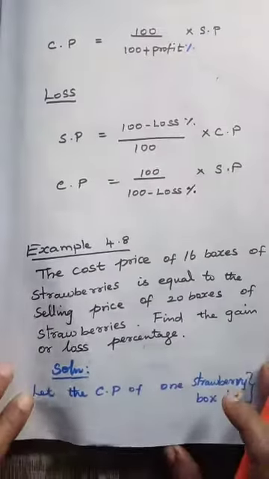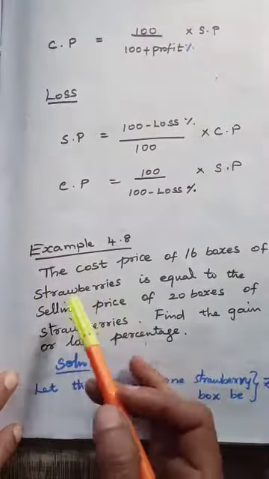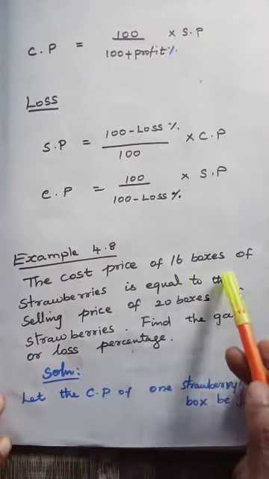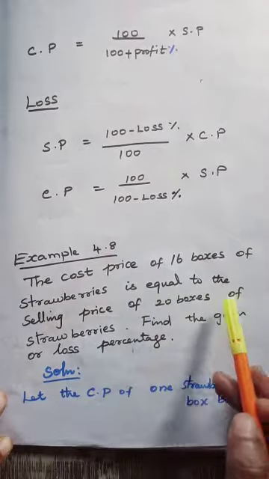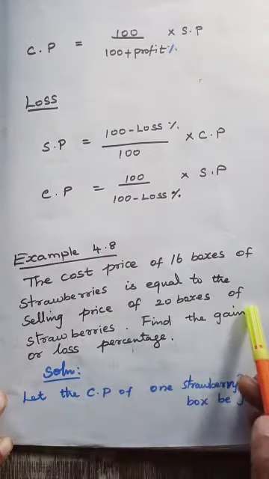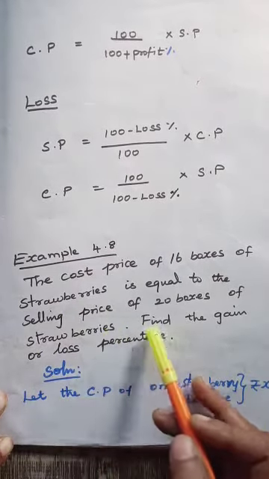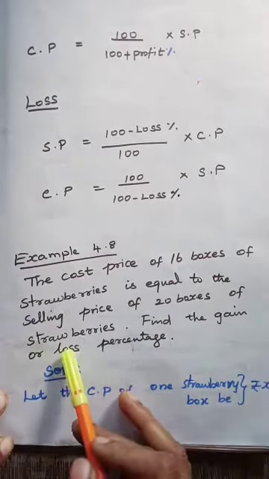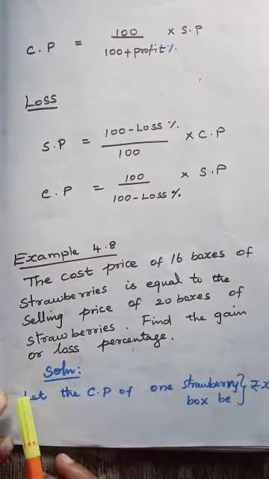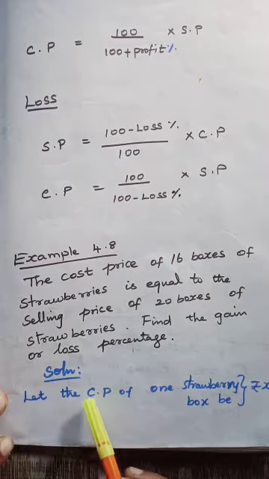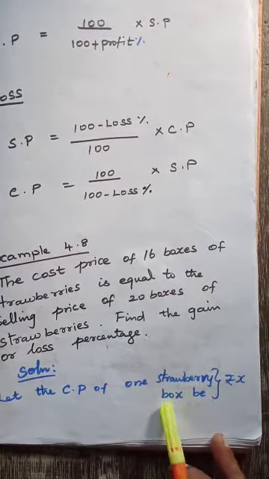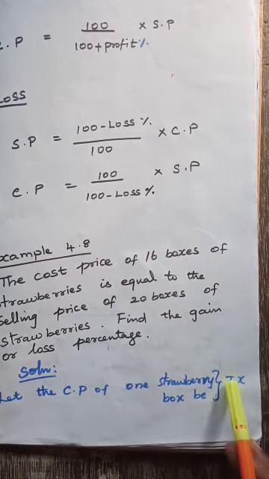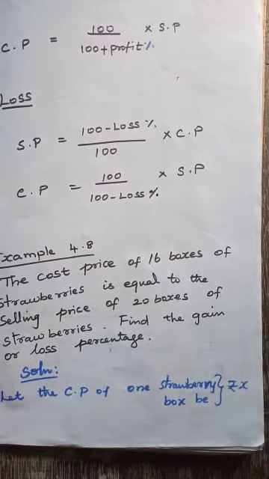Okay. Then example 4.8. The cost price of 16 boxes of strawberries is equal to the selling price of 20 boxes of strawberries. Find the gain or loss percentage. Solution. Let the cost price of one strawberry be X. That is X rupees.